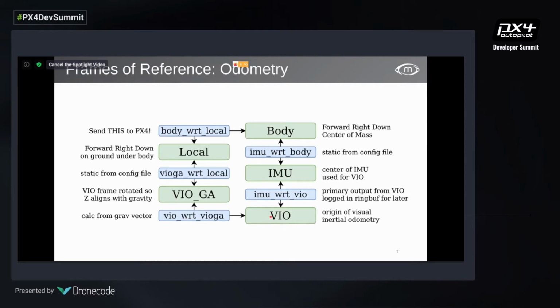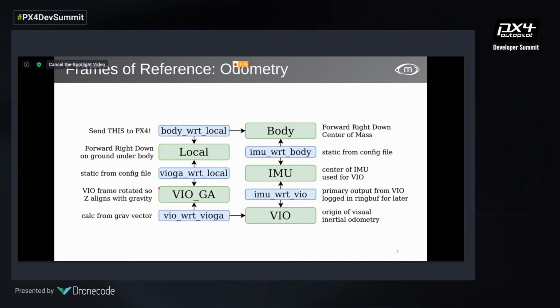And so I highly recommend doing the next step of having another rotation to go from VIO's frame of reference to a gravity-aligned equivalent. So this rotation between VIO and VIO gravity aligned will have no translation. It will simply have a rotation to correct for the angle of the gravity vector inside of VIO's frame.